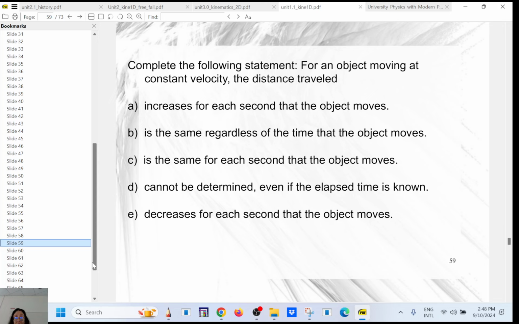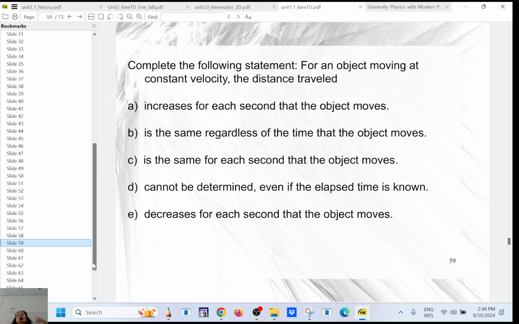So constant velocity, the distance traveled, does it increase with time? No, because it's a constant velocity.